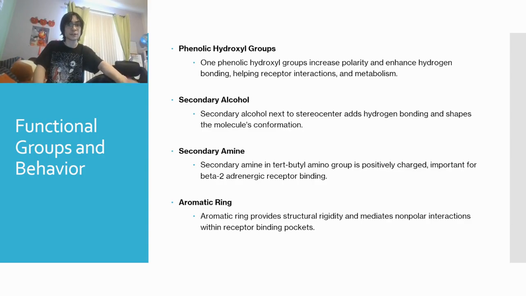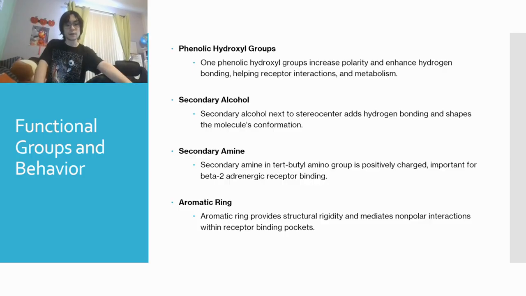So functional groups, there's several, but I'll give you the four here. First, the phenolic hydroxyl groups, which increase the polarity, enabling hydrogen bonding within the receptor. And the secondary alcohol also increases the polarity and enables hydrogen bonding within the receptor.